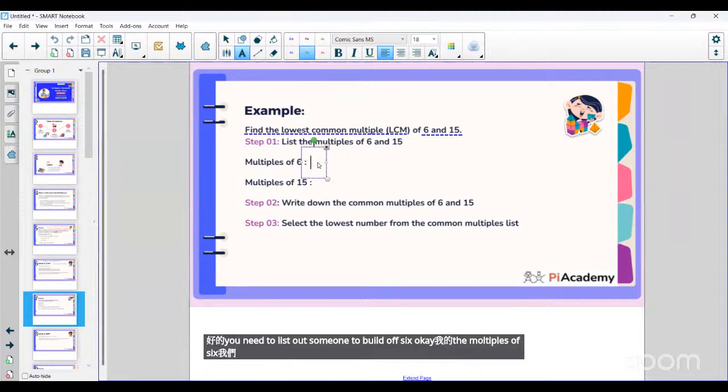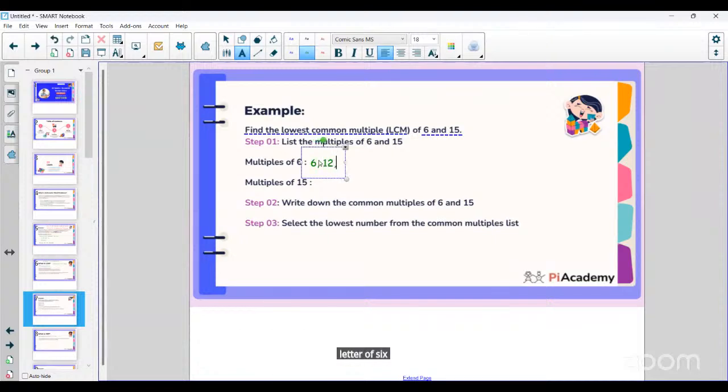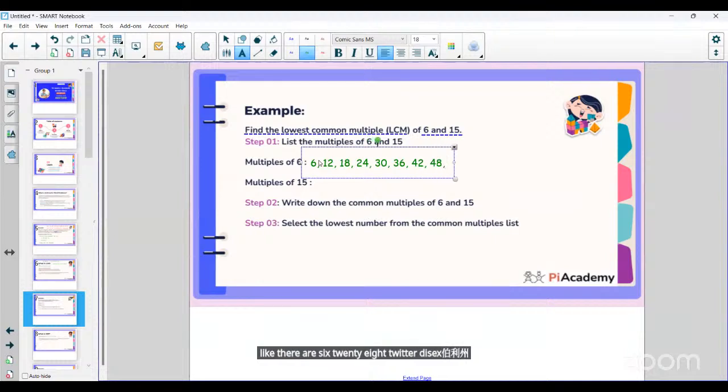Numbers coming in the 6 times table: 6, 12, 18, 24, 30, 36, 42, 48, and so on. And what are the multiples of 15? Let us list out. We have 15, 30, 45, 60, 75, 90, and so on.